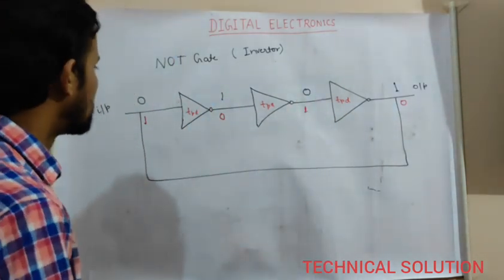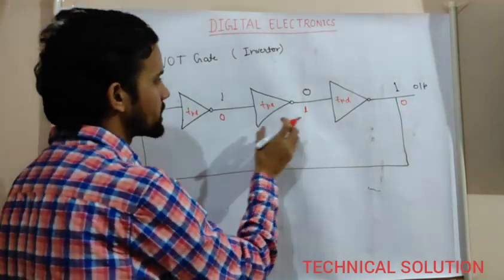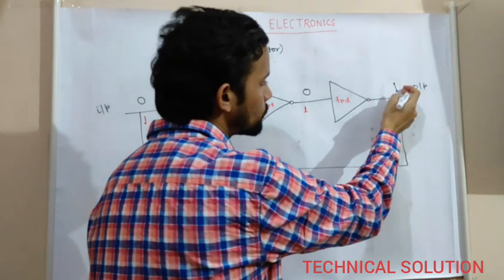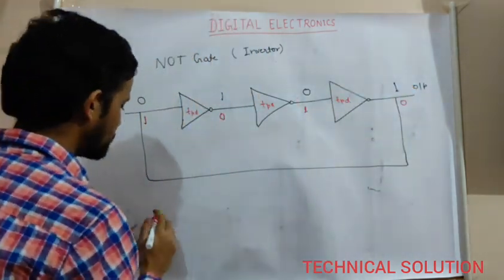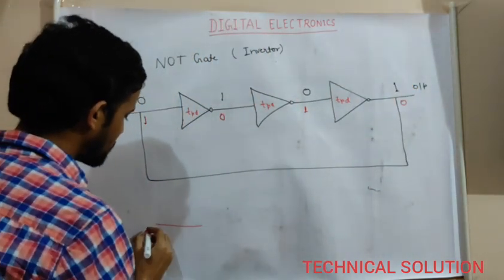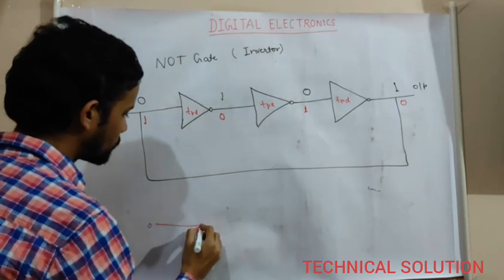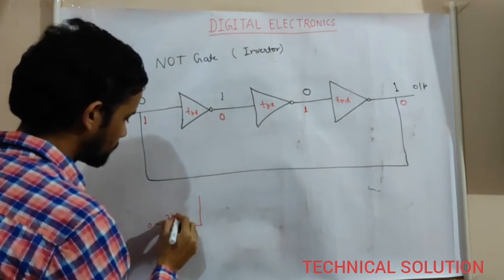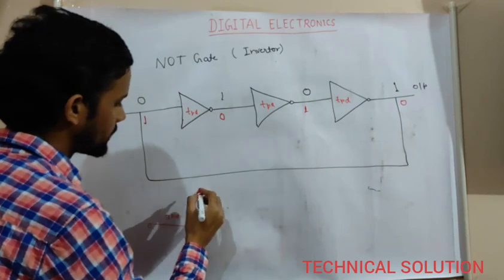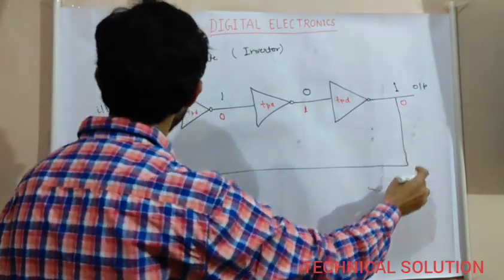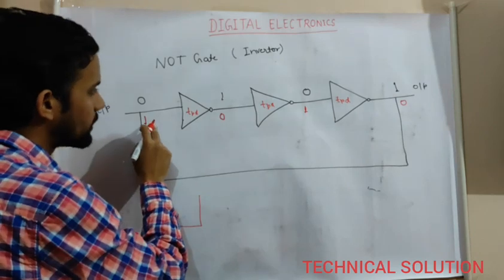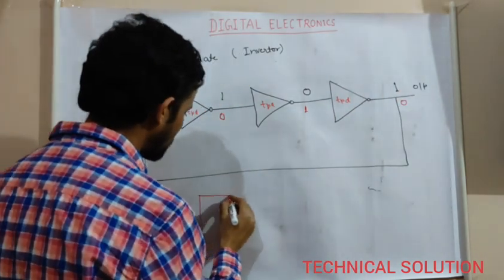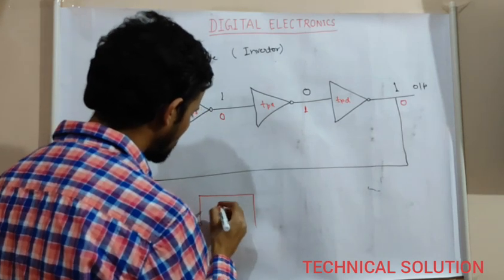Therefore, the total propagation delay is 3 TPD. If we apply 0, then we get output as 1 after 3 TPD. We get 1 here, then this one comes here. If we apply 1 as an input, then we get 0 after 3 TPD.